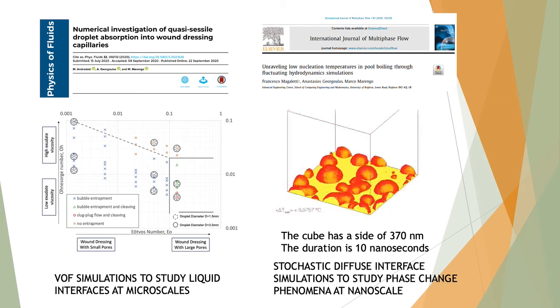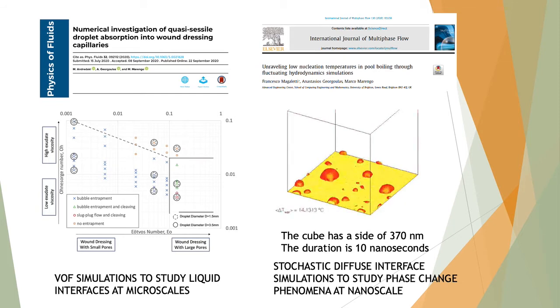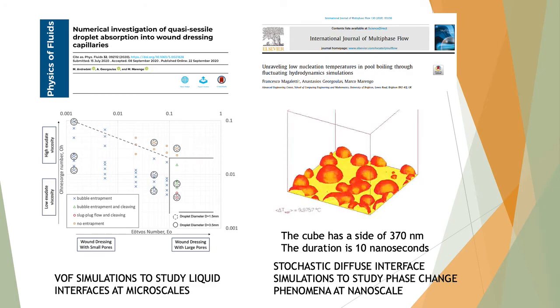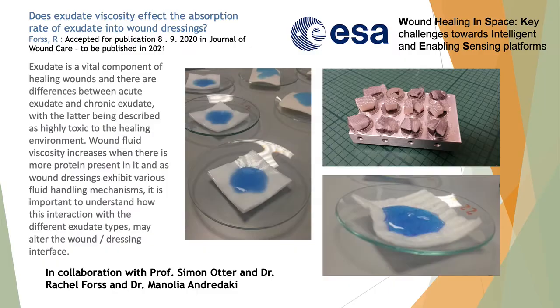So imagine that the cube here has a side of 370 nanometers, and the duration of the simulation is 10 nanoseconds. But I think that this can be interesting in nanofluidics or to understand nucleation problems in mixture, for example, and also, of course, in porous structures.